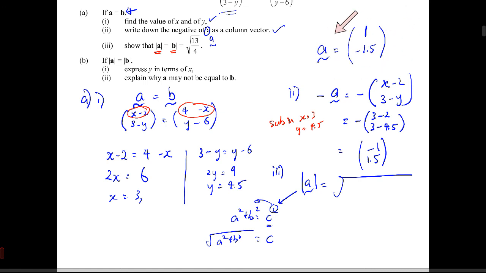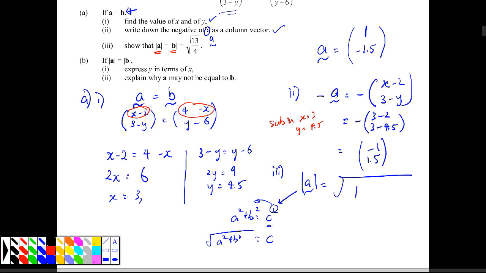How do I find magnitude? Square root of first number square plus second number square. Okay, you can answer. But you notice that the question didn't say 3SF.